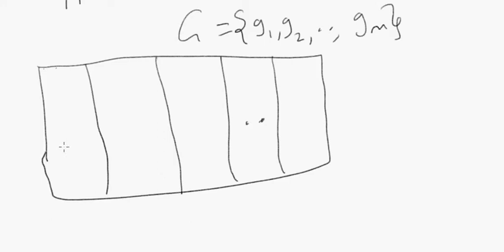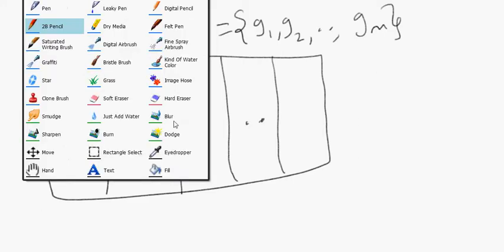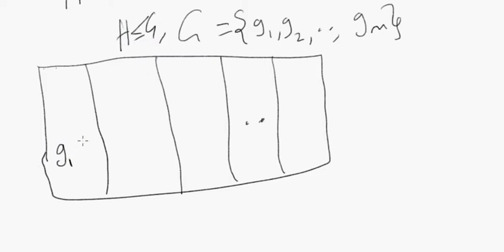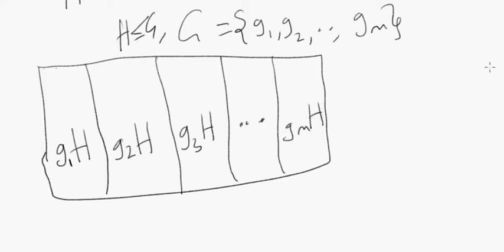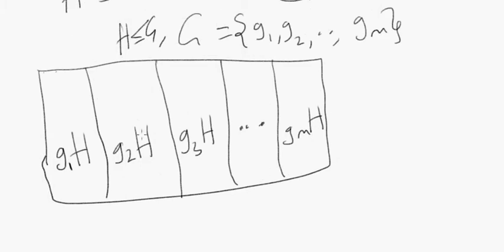Here, H is being taken to be a normal subgroup of G. So we could break G up so that g1H is one coset, g2H is another coset, g3H is another coset, and so on up to gmH. We're thinking about these cosets and wondering whether they actually successfully partition G.